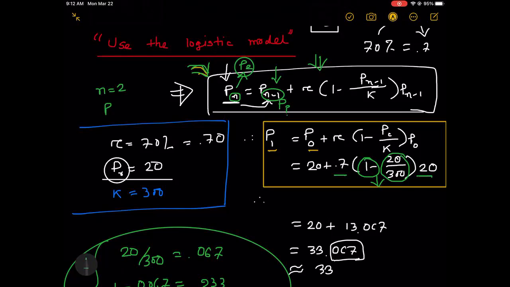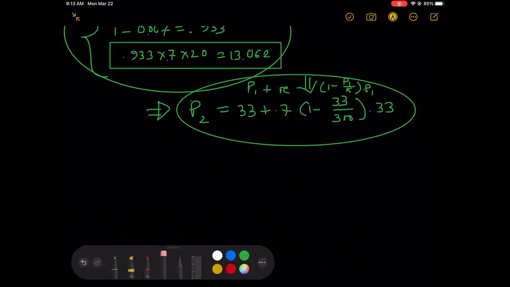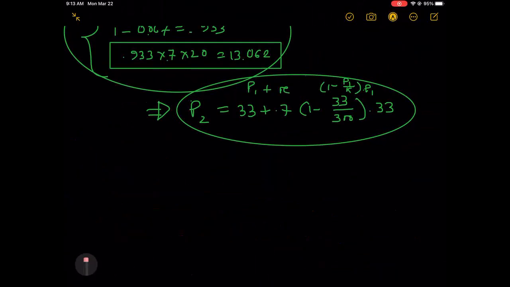So Pn minus 1 would be P2 minus 1, which is P1. So we can actually replace this Pn minus 1 by P1. That's what we have done here. So that is P1, that is R times 1 minus P1 over K times P1. Any question from this? Anyone?